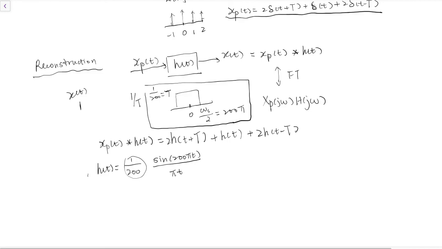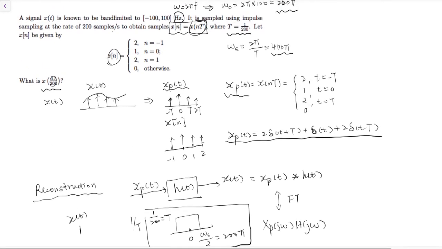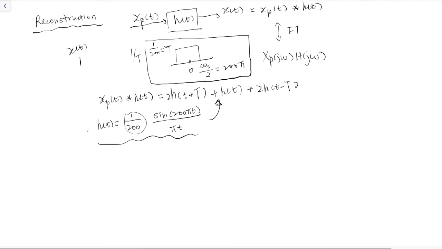So if you plug in this form in the equation above, you will get an equation with the variable t. And then you can plug in the value of 0.5 over 200 to get what you want.